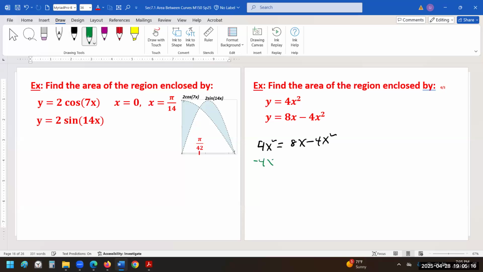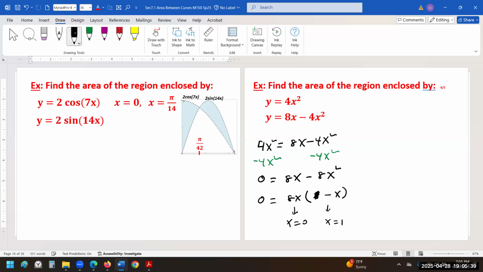Let's subtract 4x squared from both sides. So we get 0 equals 8x minus 8x squared. We can take out 8x, the common factor. We get 1 minus x. That tells us x is 0 and x is 1.